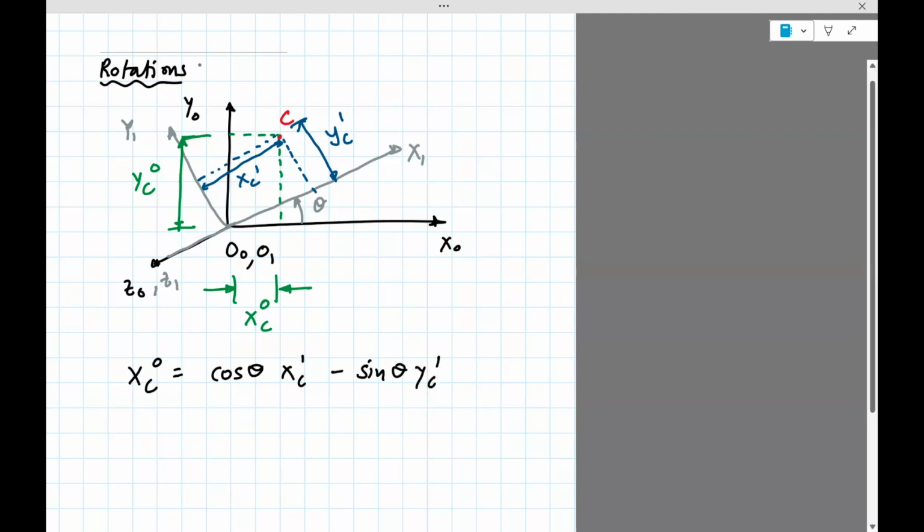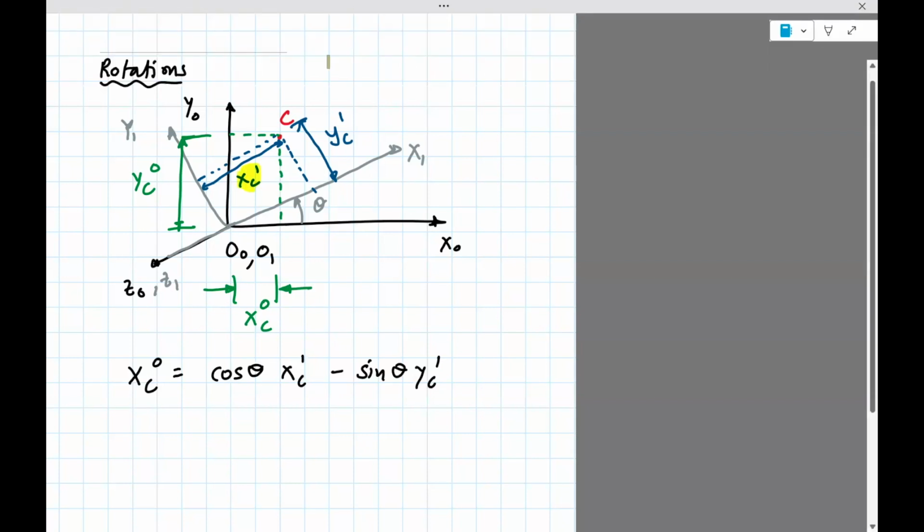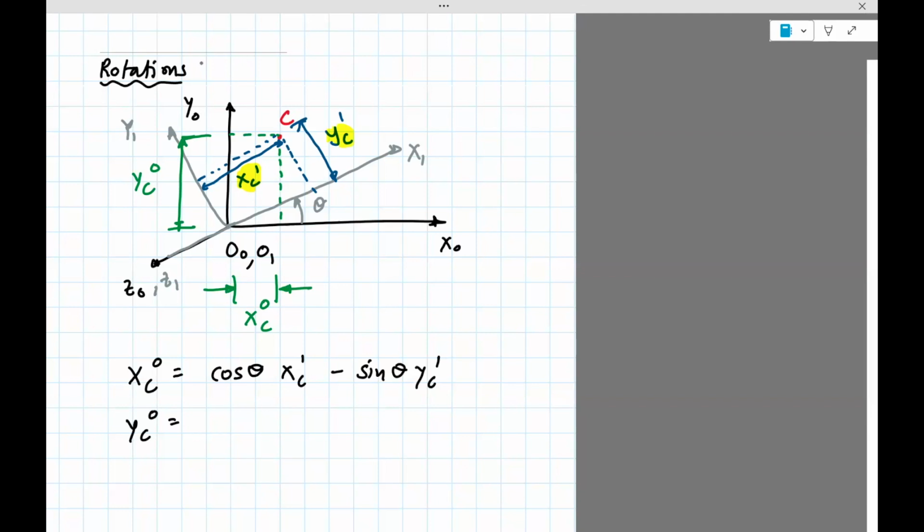The way you'll do this is you'll take this xc1 and find its component in the x0 direction, and then find the component of yc1 also in the direction of x0, and if you take cosine and sine and subtract the way I've written it down, you'll get the distance xc0. Similarly, you can write yc0 as sine theta xc1 plus cosine theta yc1.